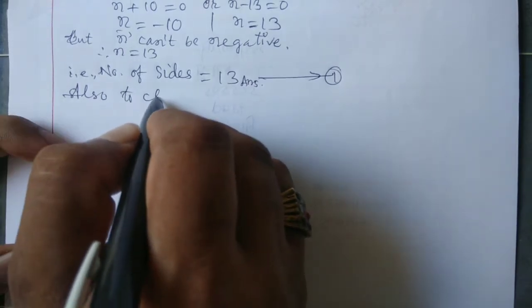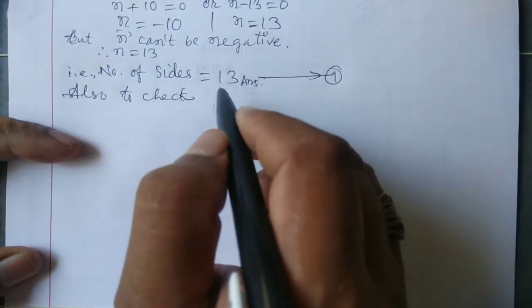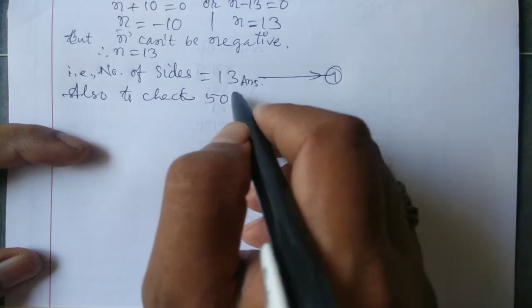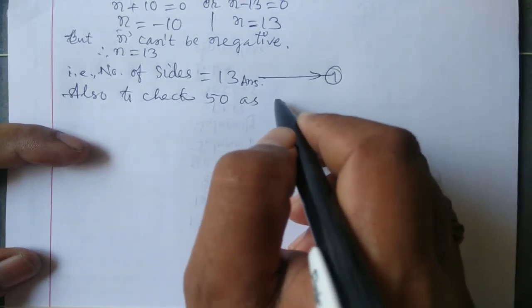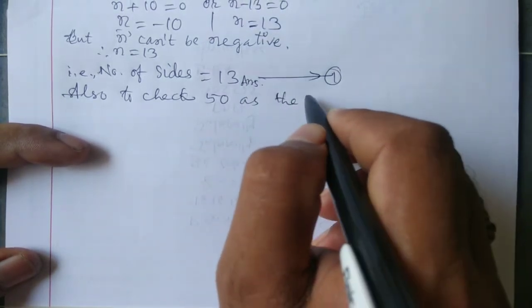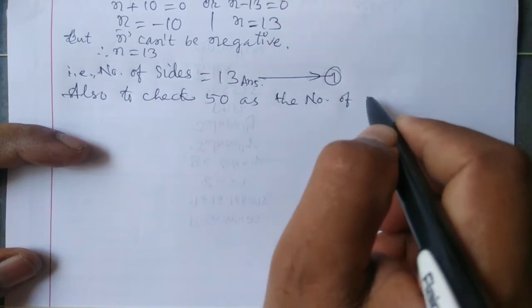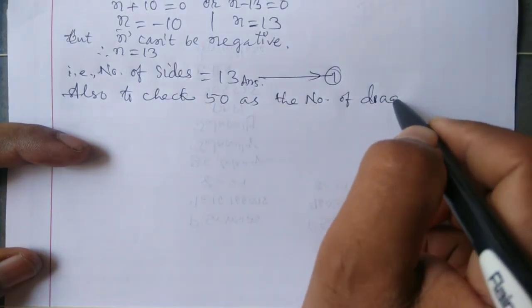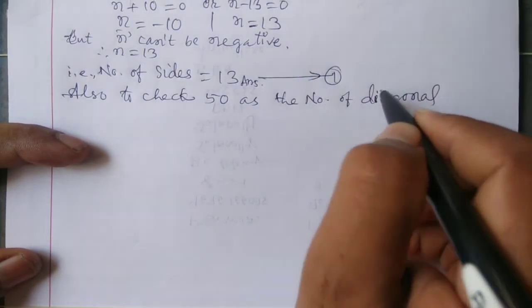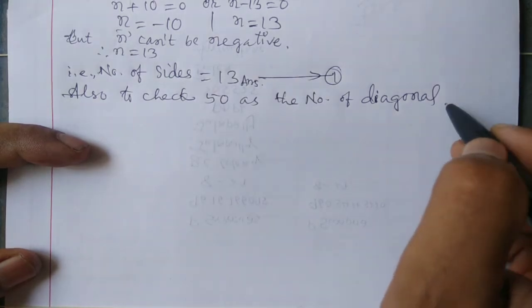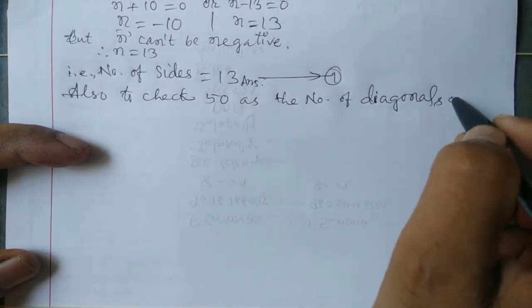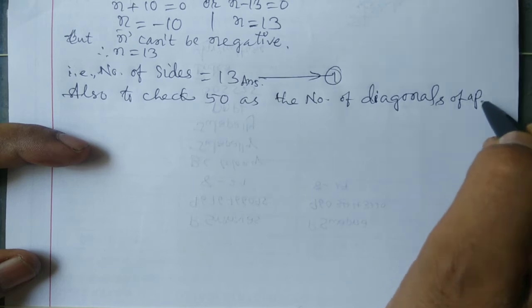And also to check 50 as the number of diagonals of a polygon.